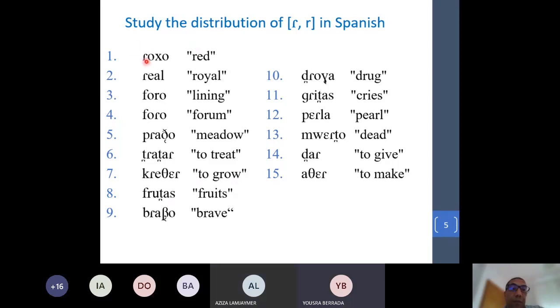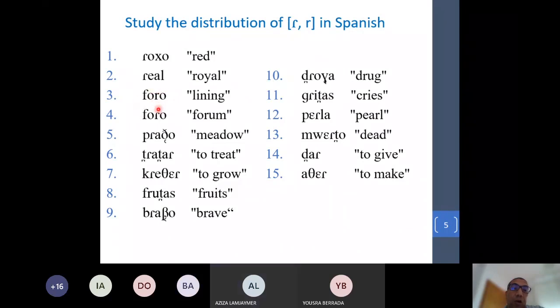We have 3 and 4. Number 3 and number 4: foro, which with the trill means lining, and foro with the tap means form. So here we have two minimal pairs.